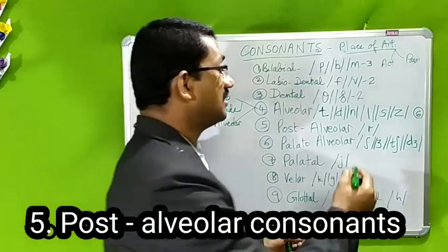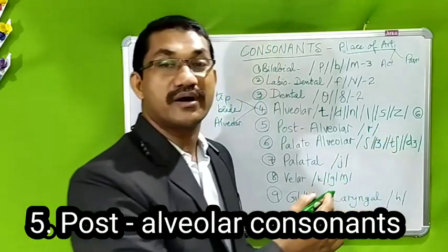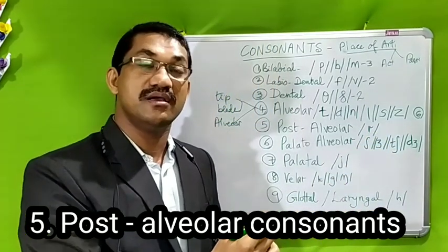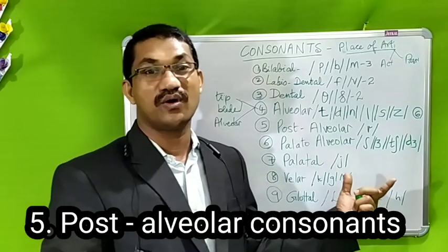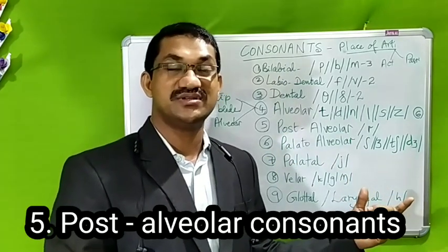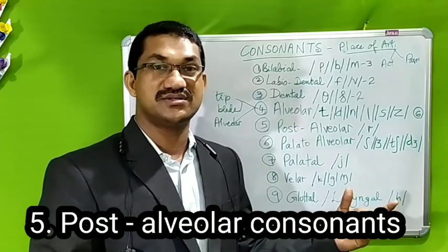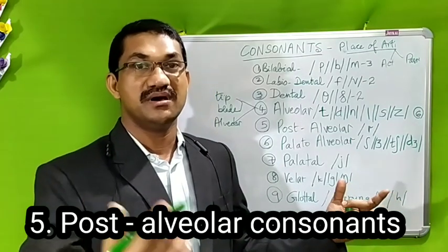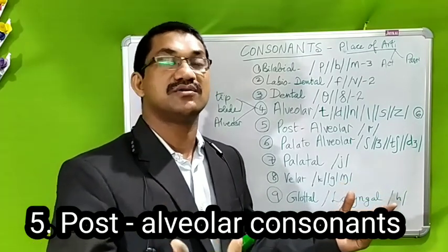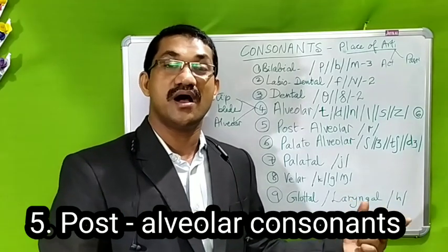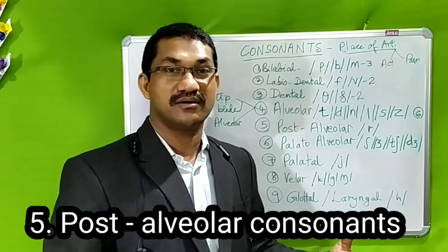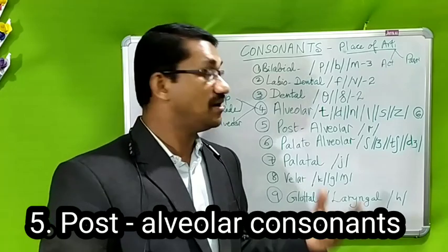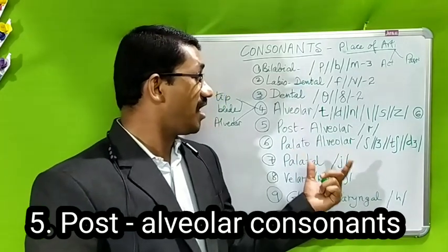River, ran, rain, right? So this is in fact post-alveolar. The tip of the tongue is just lifted towards a place after, behind the alveolar, and we say river, rain, ran, rad, and it's known as post-alveolar.